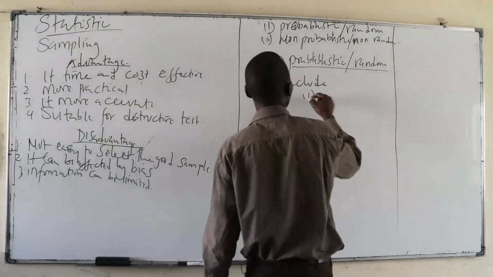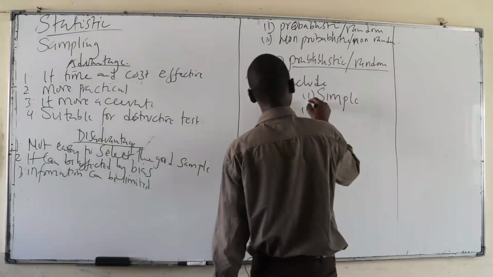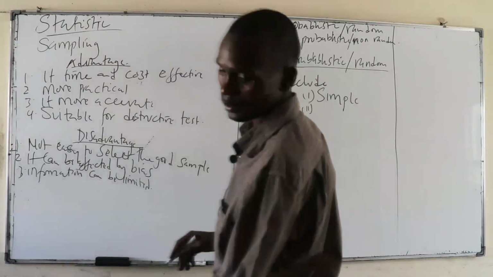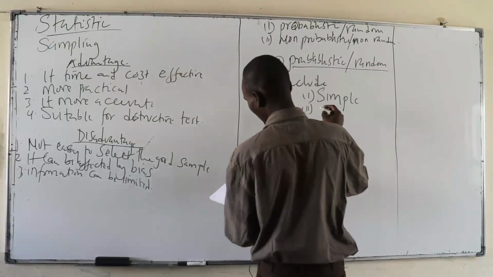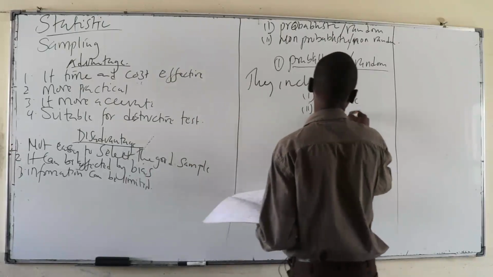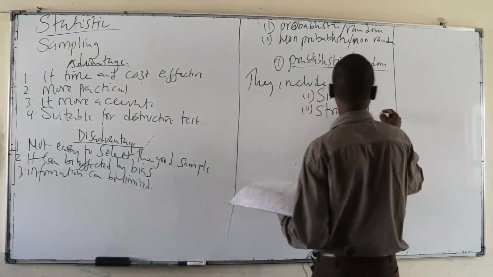They include number one, simple random. Number two, stratified random.